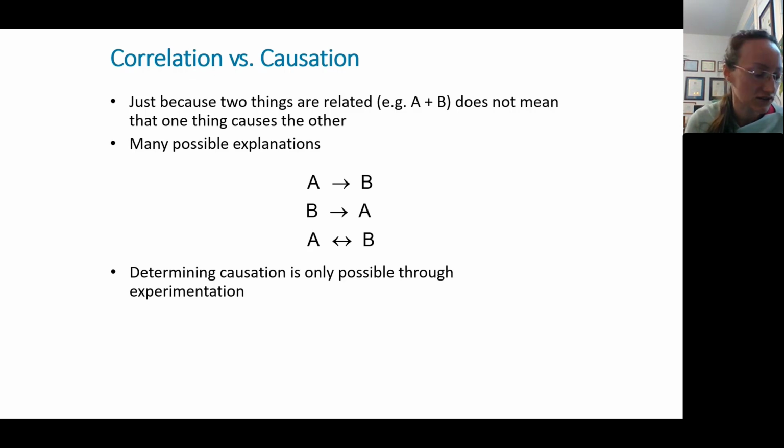But what correlational studies do, just as case studies and introspection, is that they give us a hypothesis, right? They give us an idea, and then we can go and test that out. We can design more controlled experiments to test the idea.